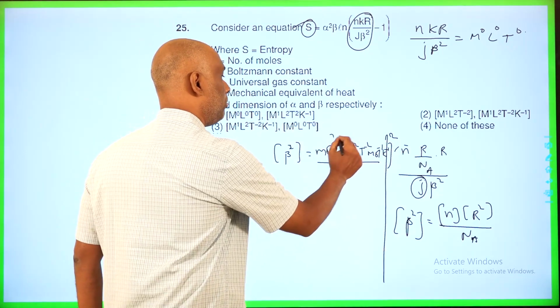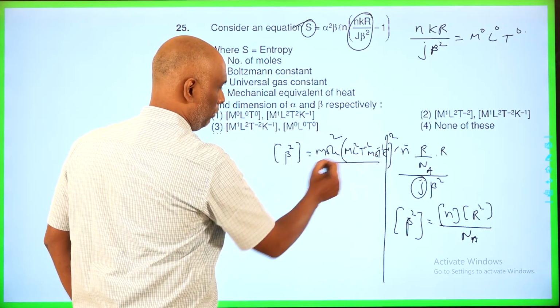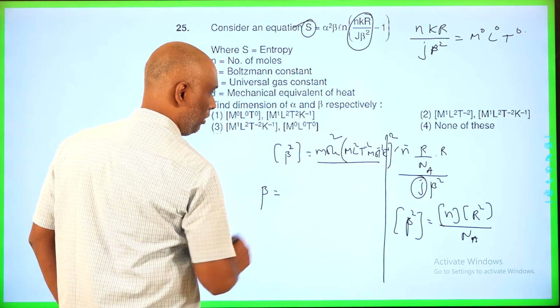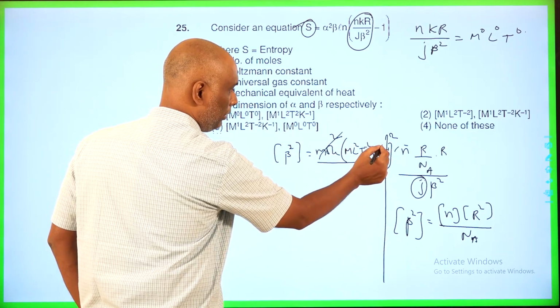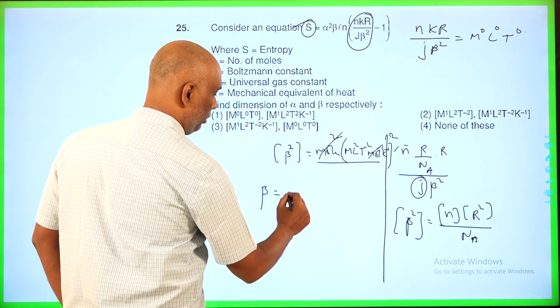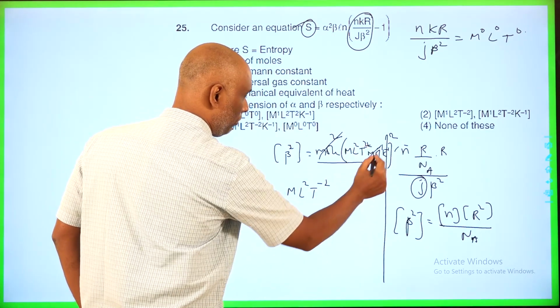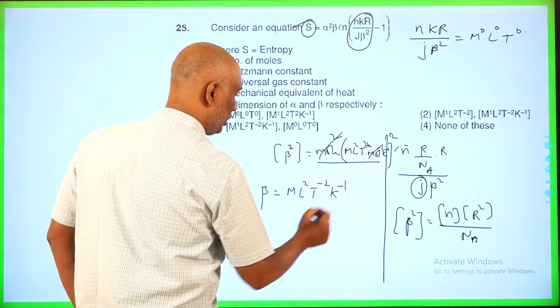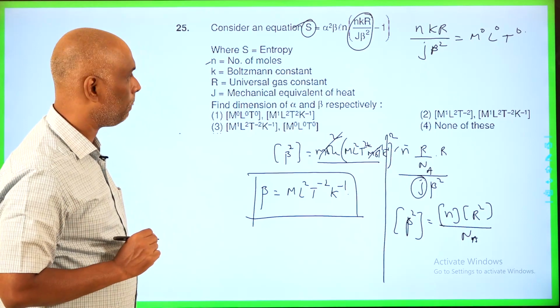So here we are going to get mole square. Here this mole and this, when I take the square root, beta will become equal to this mole square outside, mole inverse square, this will get cancelled. The value of beta will become equal to ML square T power minus 2 K to the power of minus 1. This is the dimensional formula of beta.